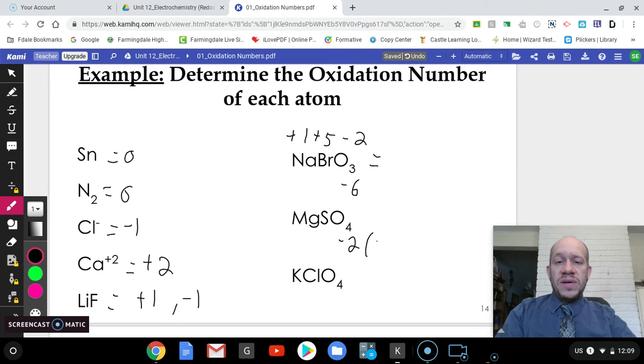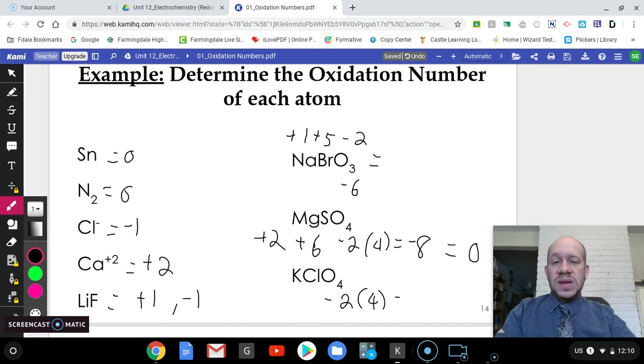I have 4 of them, therefore that's a -8. Magnesium is always a +2. In order to get a sum of 0, my sulfur has to be a +6. So my +8 and my -8 will equal 0. Potassium chlorate, -2 times 4 will get me a -8. Potassium is a +1, therefore chlorine must be a +7.